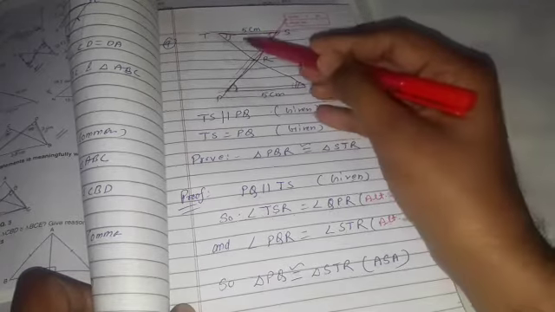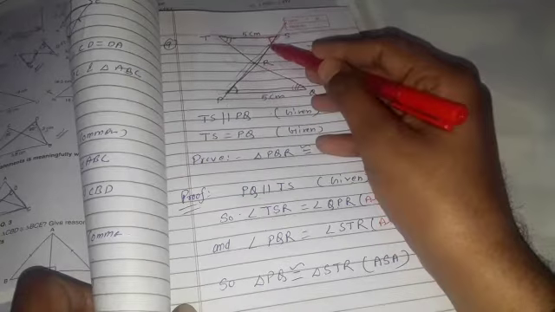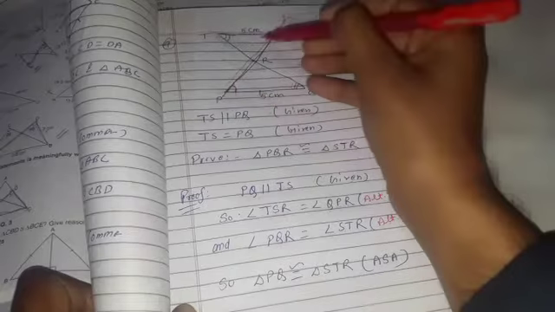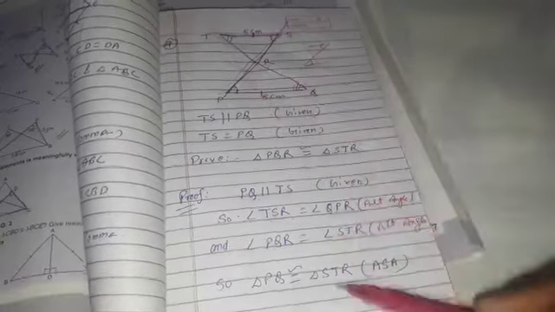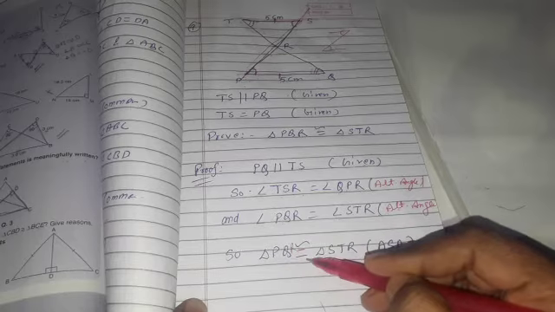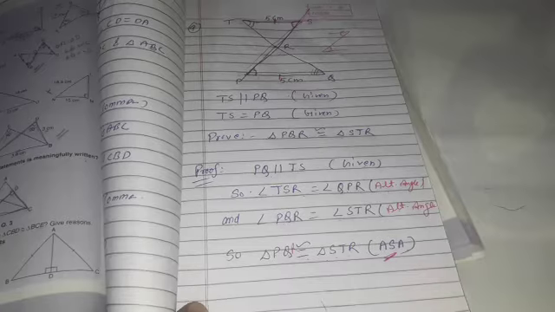So this angle equals this angle, and this side equals this side. So class, angle, side, angle is there which are equal. So your triangle PQR is congruent with STR by angle, side, angle.